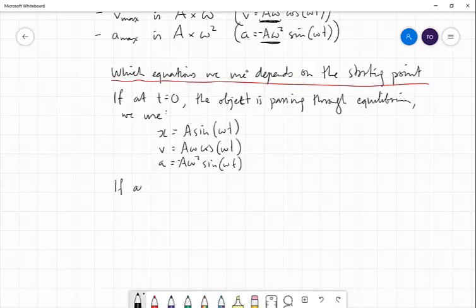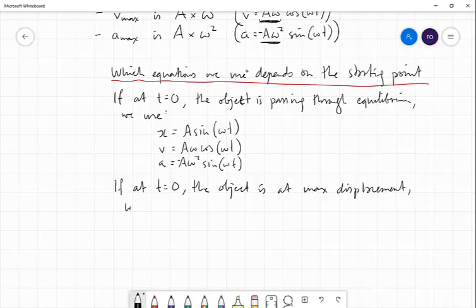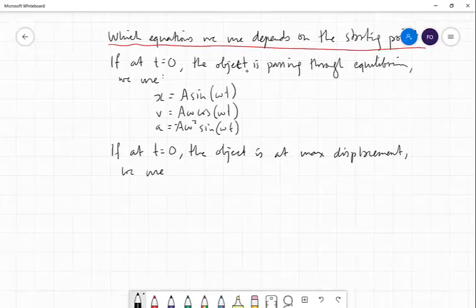If at time equals 0, the object is at max displacement, we use a different set of equations. They're used in exactly the same way, but we use a different set of equations. So we use x equals a cosine of omega t, which looks like this.